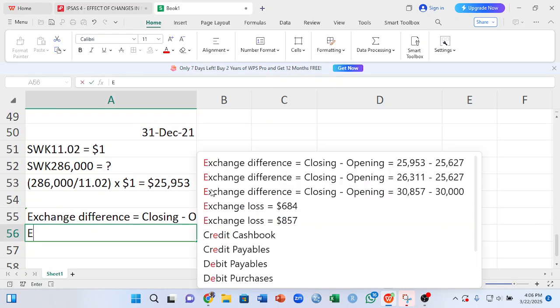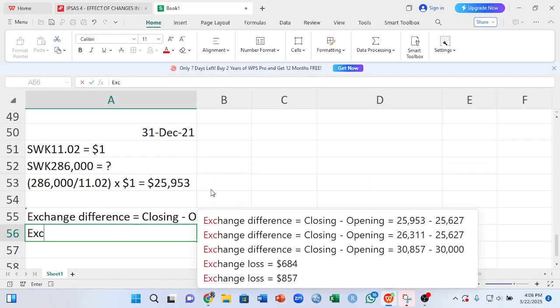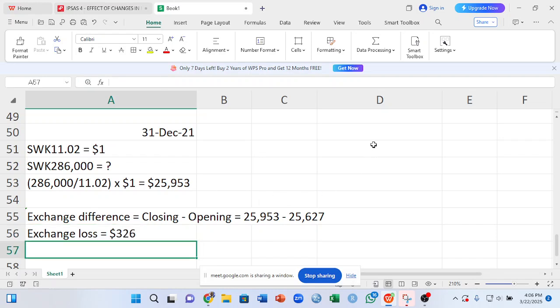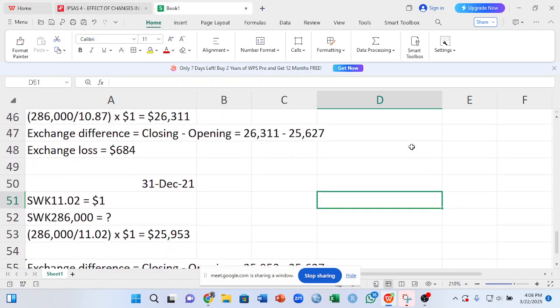So am I making a gain or a loss? You are making a loss of 326. Okay, let's do the journal quickly.